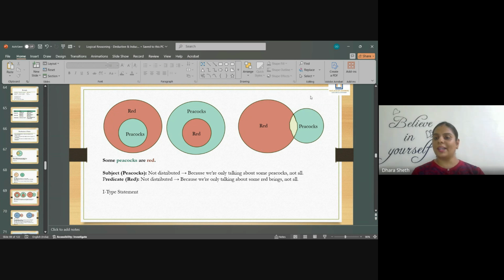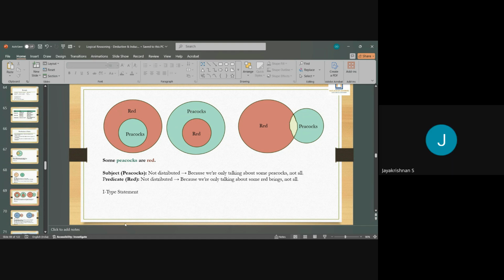Some peacocks are red could mean this, the one which we think of first. But for this figure, all peacocks are red. If all peacocks are red, then some peacocks are also red. So some peacocks are red can be true for this figure also. Now here, if all red are peacocks, then also some peacocks are red. So it can be true for this figure also.